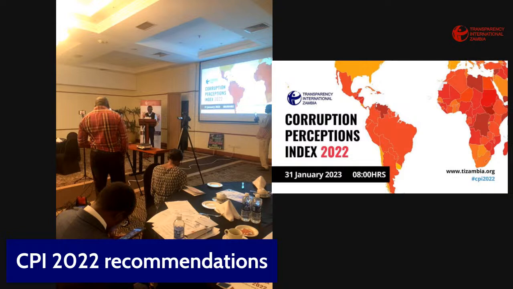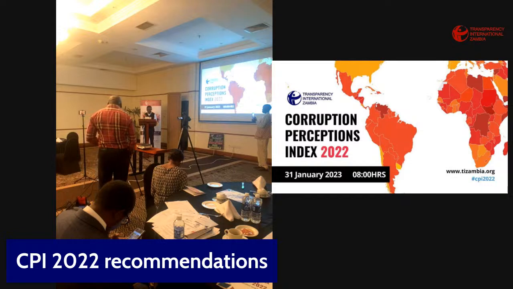Number 3, government should improve information dissemination and uphold the rights to access information by accelerating the enactment of the Access to Information Law in Zambia. There has been limited progress in enacting the Access to Information Law during the past decade.